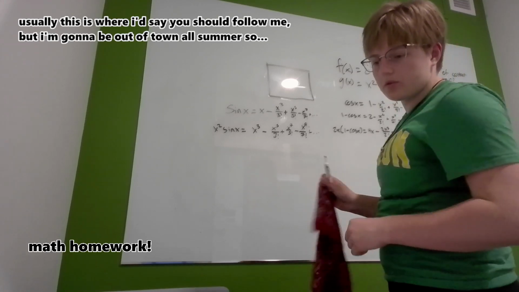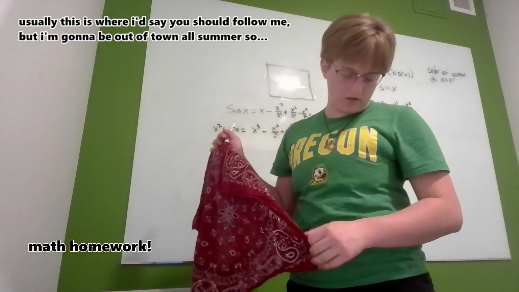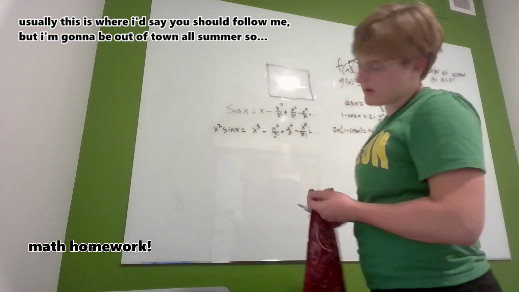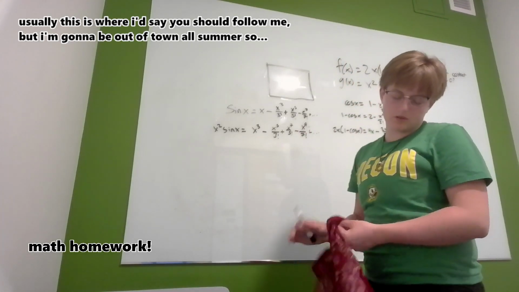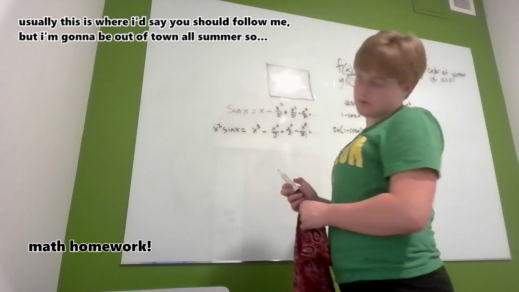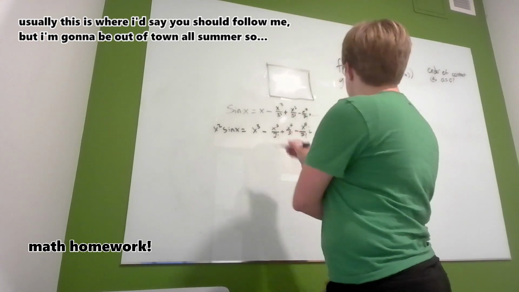So is that 0th order contact? So they intersect at x equals a, but they're not tangent to each other. Yeah, because they're not the same once you get to the actual functions.